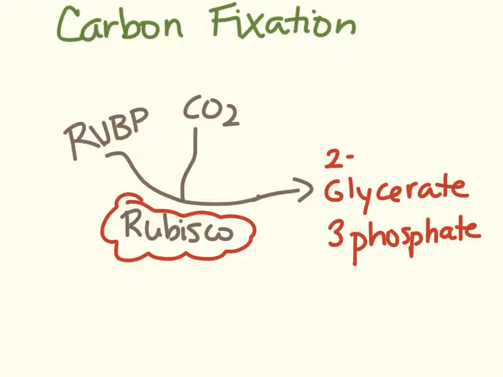As soon as that happens, it becomes a 6-carbon molecule, which immediately will become 2 molecules of glycerate 3-phosphate. So it's actually going to end up being a 3-carbon molecule, which we call glycerate 3-phosphate. And that is the carbon fixation step of photosynthesis.